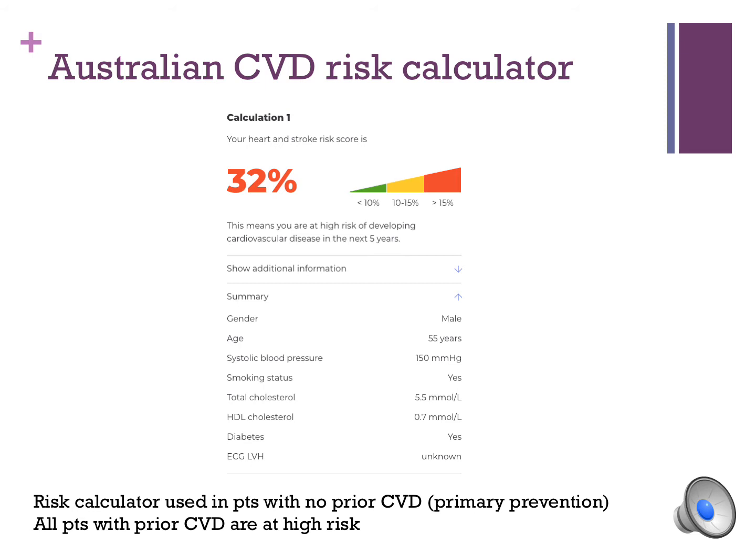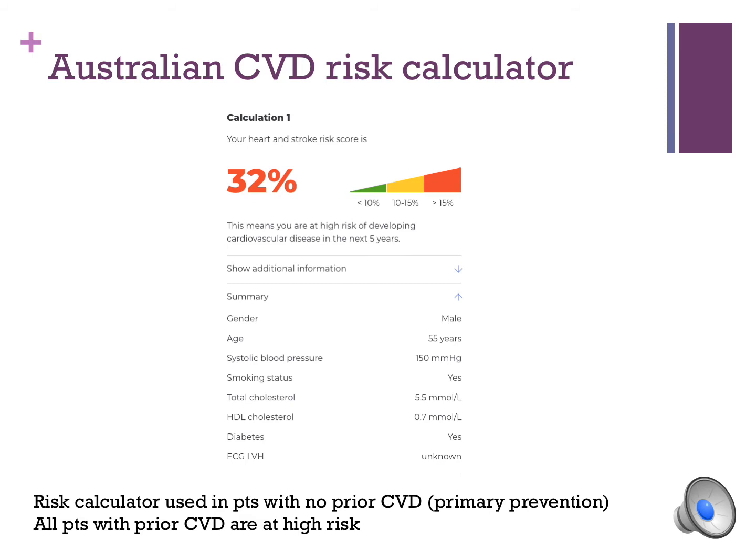So this slide shows Mr. Williams' risk of developing cardiovascular disease in the next 5 years. This Australian calculator uses parameters including gender, age, blood pressure, smoking status, lipids, and diabetes status.